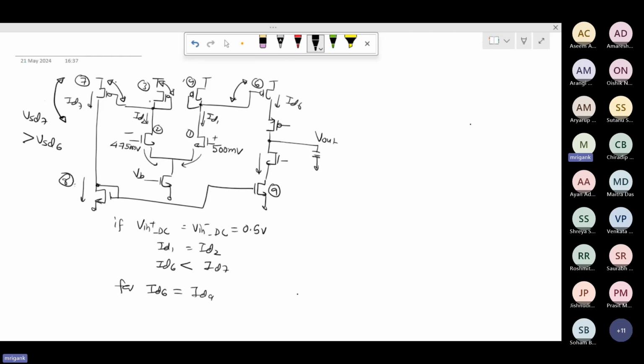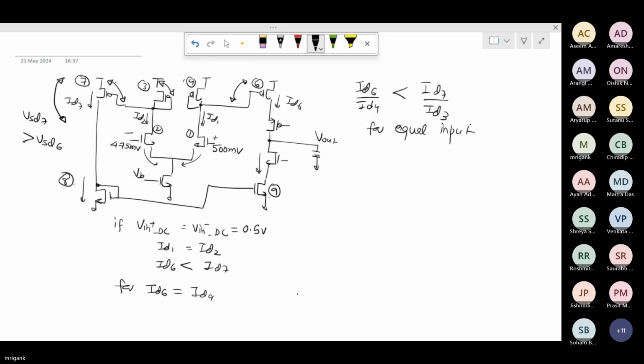Now 3 to 4 mirroring ratio is higher. Effectively, why it is coming higher? Because of the channel length modulation. 4 to 6 mirroring ratio, whatever you are getting. So ID6 by ID4 is coming less as compared to ID7 by ID3 for equal input DC. What is the reason?